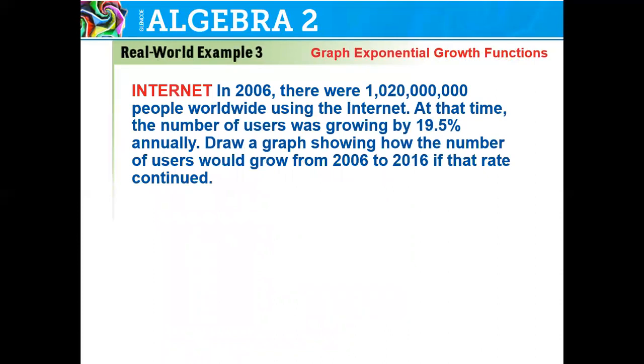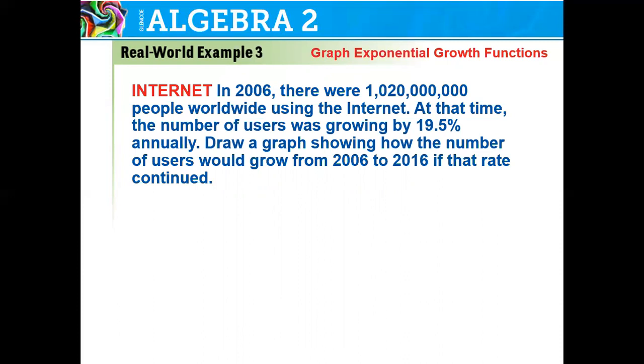Here we have a real world problem where we will use the exponential growth function. Whenever you want to solve such a problem, we always have to model the exponential growth function. In 2006, there were this amount of people worldwide using the internet.